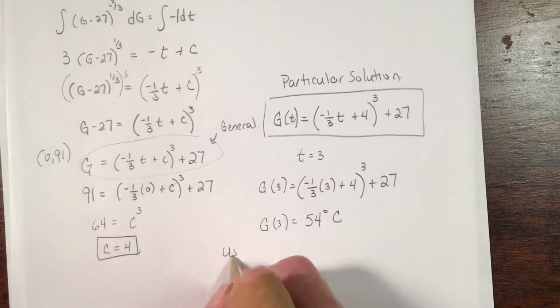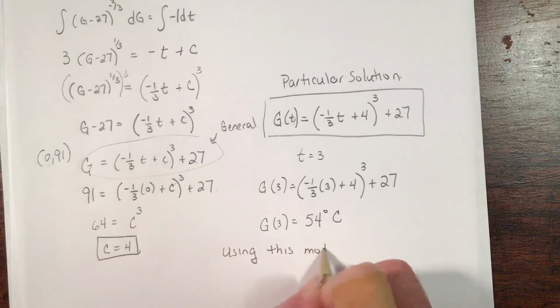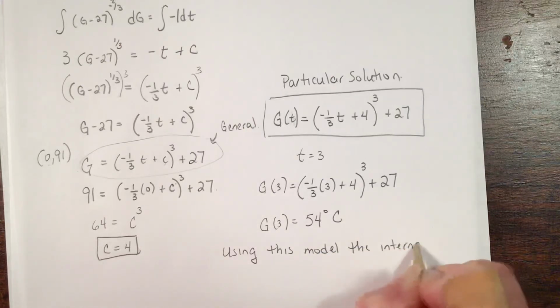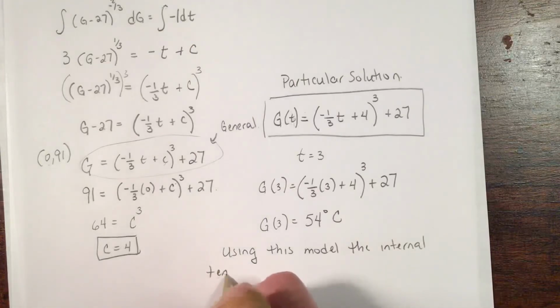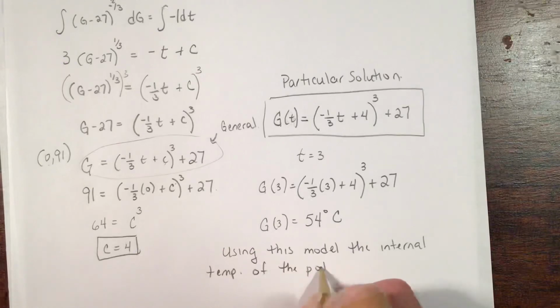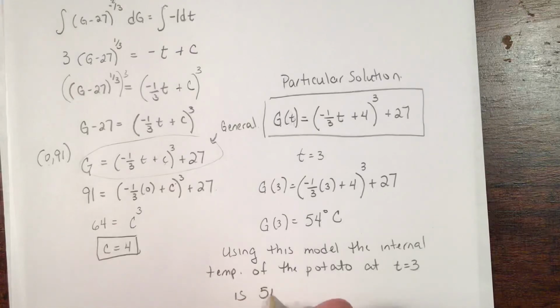So using this model, the internal temperature of the potato at t equals 3 is 54 degrees Celsius.